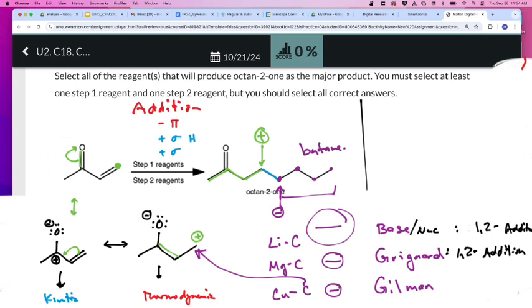What happens with the Gilman? I add hydrogen and I add carbon, but I add it to a different pi bond. Where's the new hydrogen in my product? Where's the new carbon in my product? The blue bond, okay? So there's my purple. Where's the new hydrogen added?